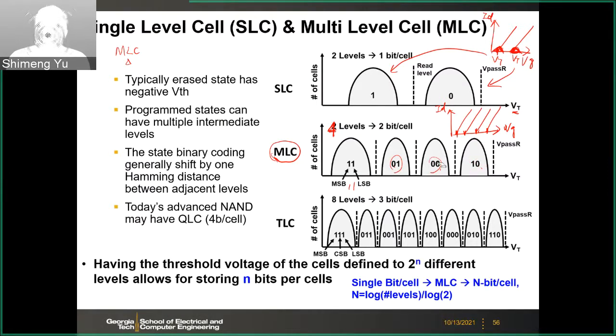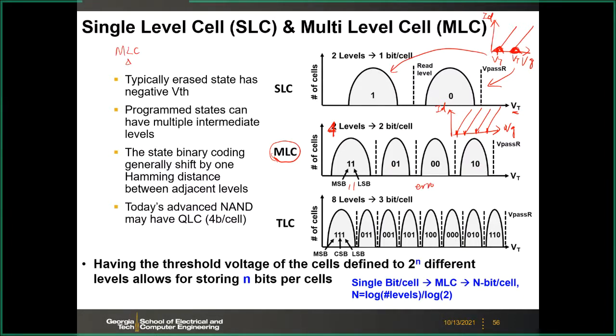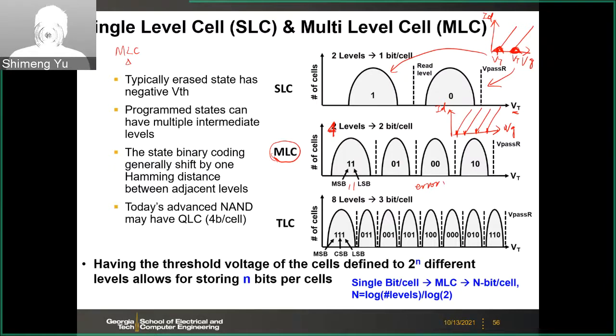The key consideration here is the error probability. So you want the Hamming distance between the codings to differ by 1 in the adjacent levels. If somehow you have error, due to the variation or some reliability issues, for example, if the tail bits cross this middle reference, then you have 1 error.